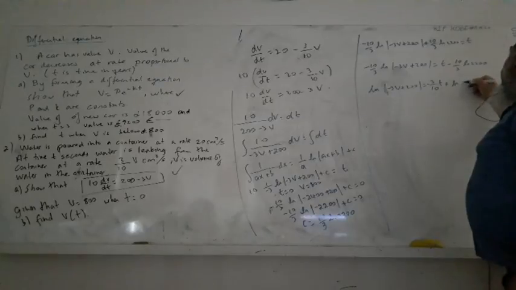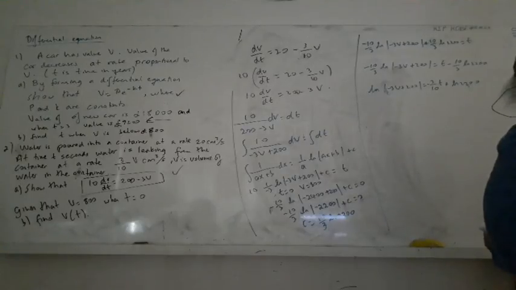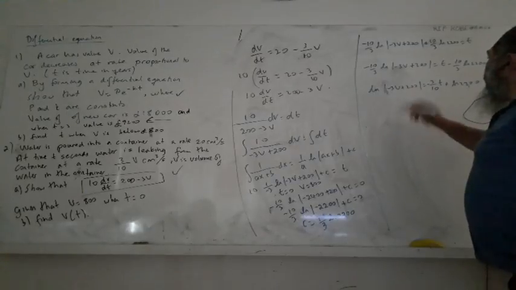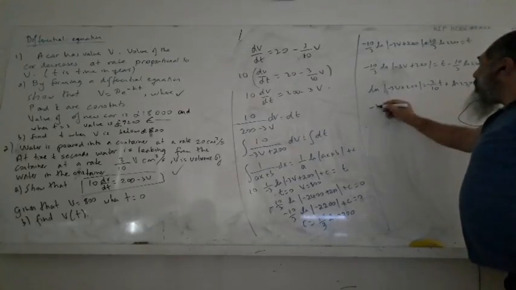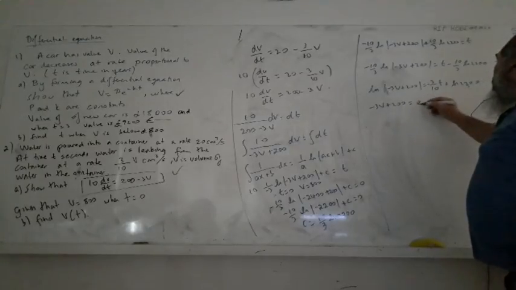I multiply both sides by 10 over 3, sorry, 3 over 10, and minus 3V plus 200 is equal to e to the power of minus 3 over 10 t plus ln 2200.